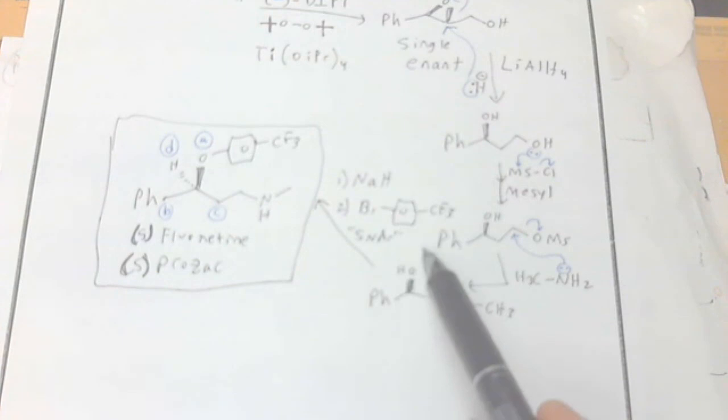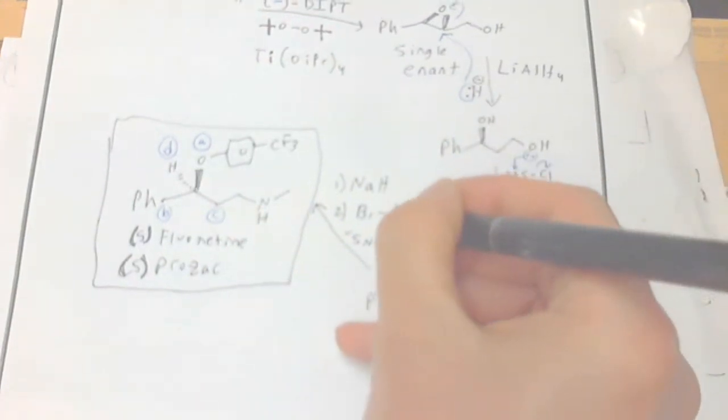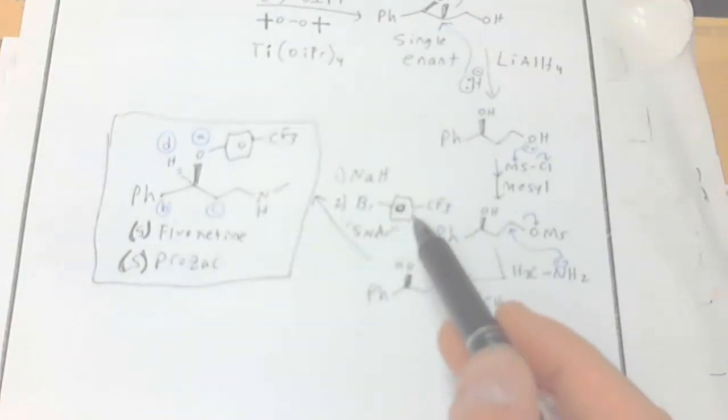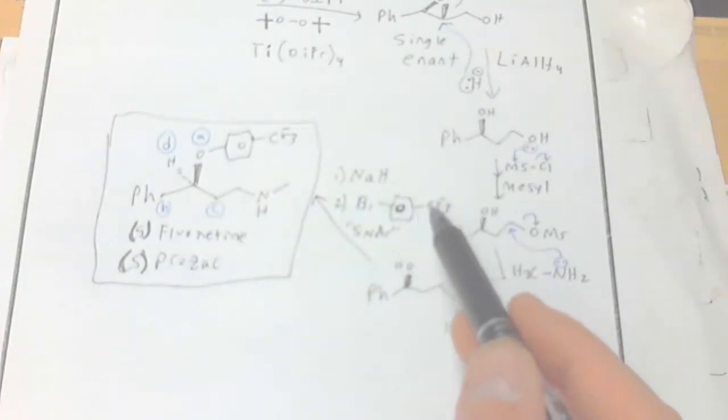So yeah, in a nutshell, base takes proton, makes O minus. O minus attacks this benzene and connects to it, and the CF3 allows that all to happen because there's a little bit of a charge moving around the benzene, and the CF3 stabilizes that.